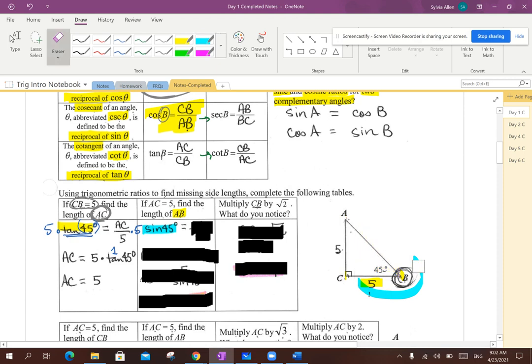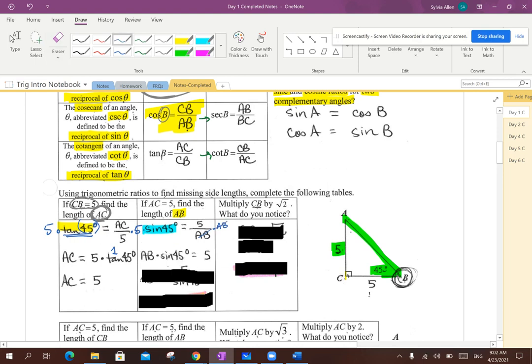So what he's having us do, if we look at this, we've got the 45 degrees here. And so the opposite, which is 5, over the hypotenuse, right? So 5 over AB. Now we're trying to solve for AB. So we're going to multiply both sides by AB, and we do that to the right side too. So AB times sine of 45 is equal to 5.